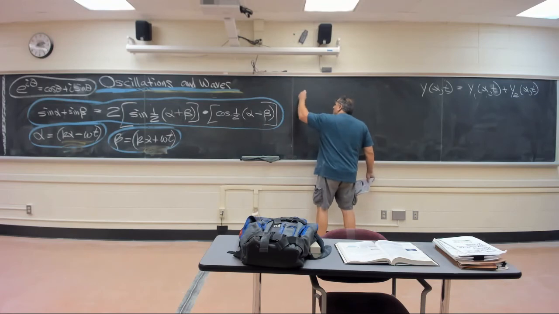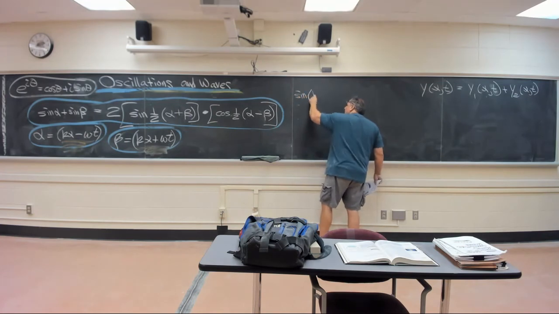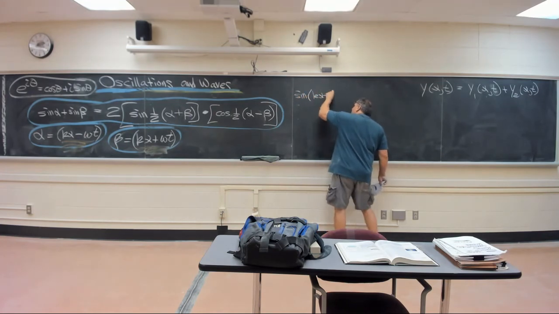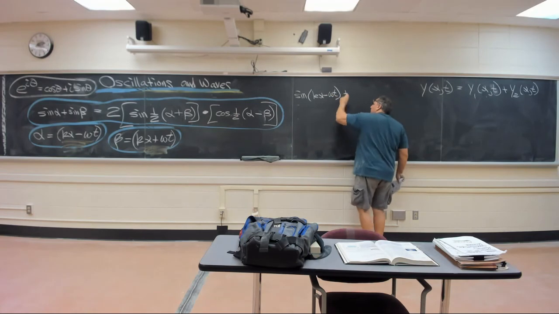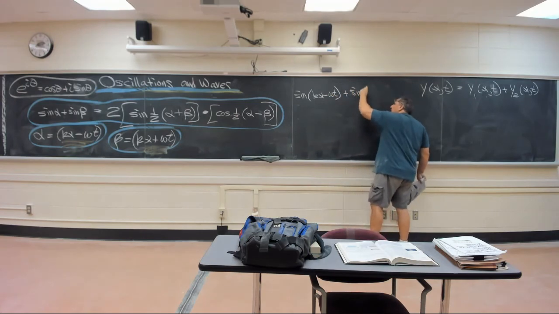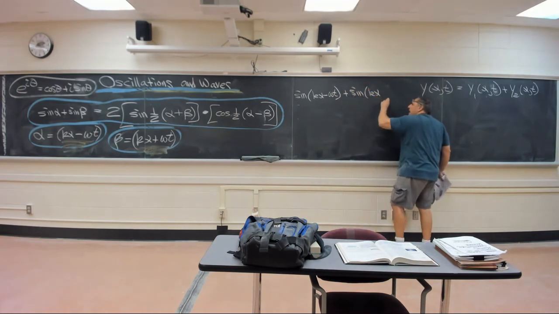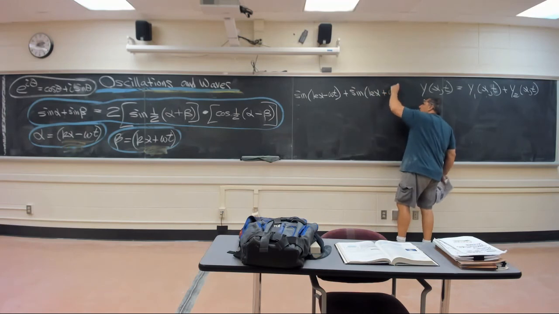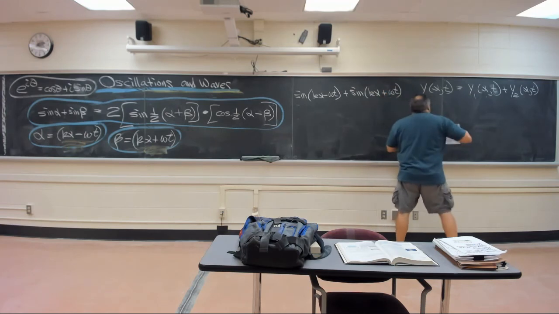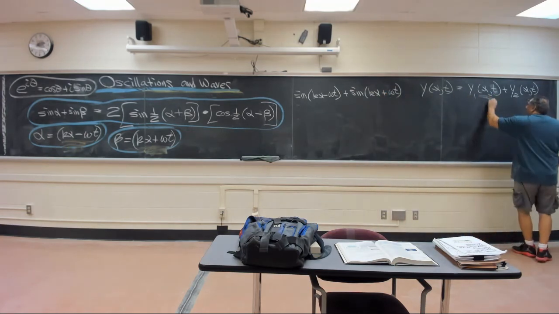So, in this instance, as I added sine(kx minus omega t) plus sine(kx plus omega t), there you go, I did it right here.